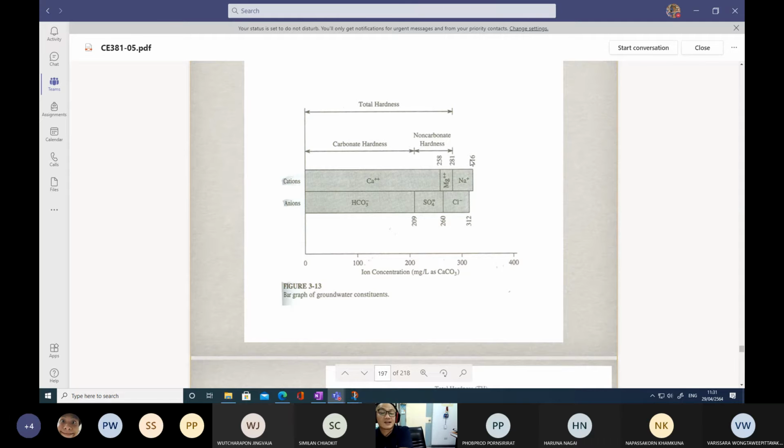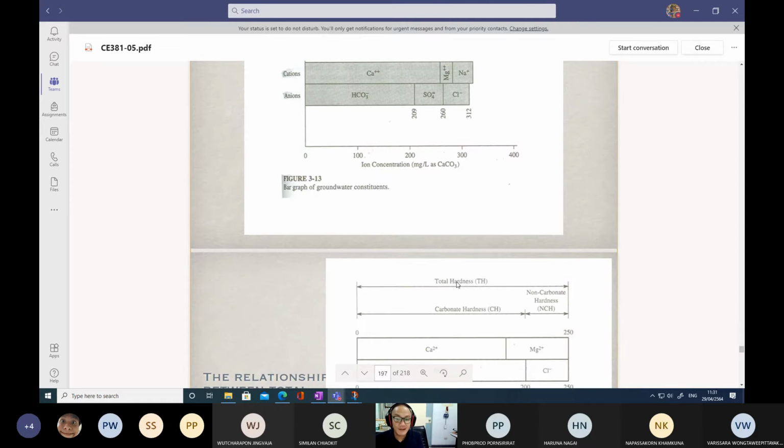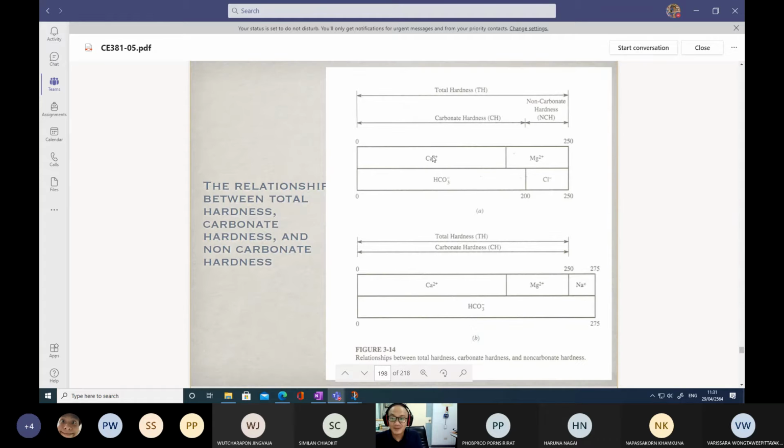From the graphs, everything is easy to understand, and it's easy to find out what the total hardness, carbonate hardness, and non-carbonate hardness could be. So hopefully everything is clear.